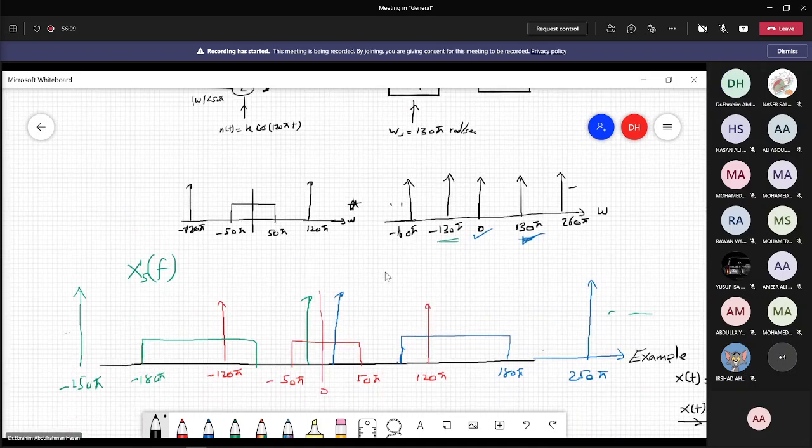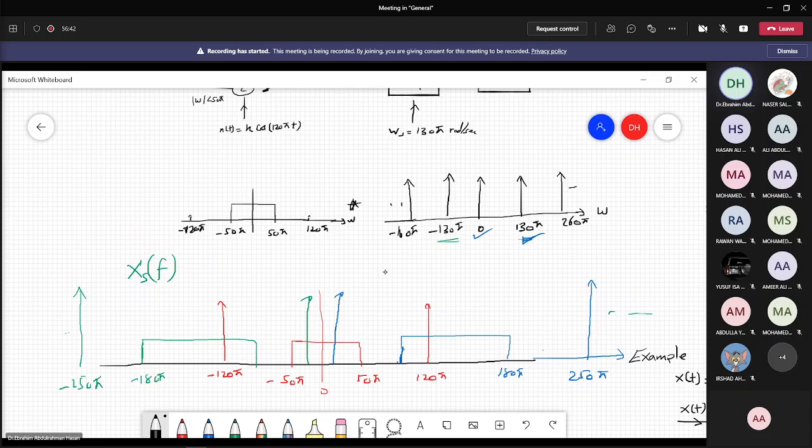If we can decrease this one by 10,000, by 1 million times, multiplied by some factor, for example, some constant at 120 and minus 120, what will happen? Then the height of this one is going to decrease, to something like this.